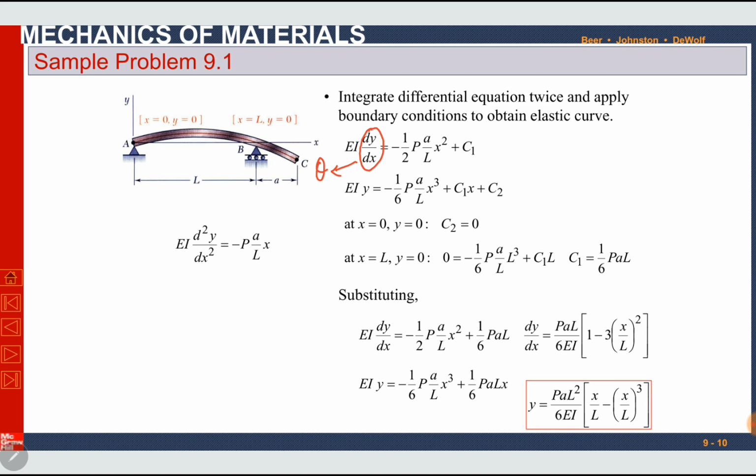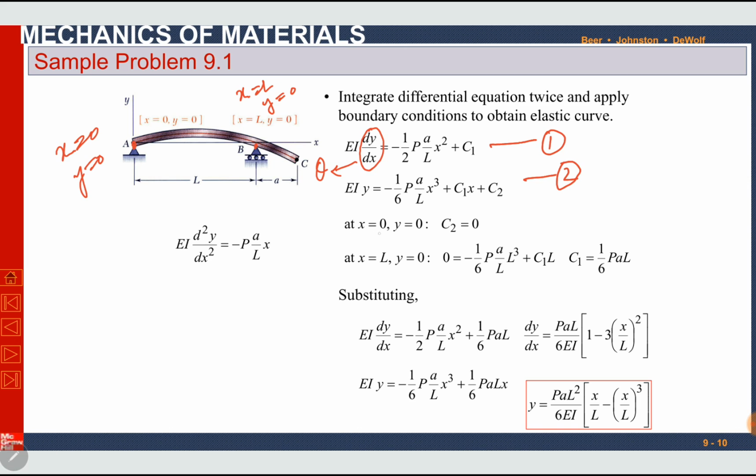In this diagram, we can see there are two supports at point A and point B. At support points, y must be 0. So at x equal to 0, y is 0. At x equal to L, y is 0. Let us call them expression 1 and expression 2.